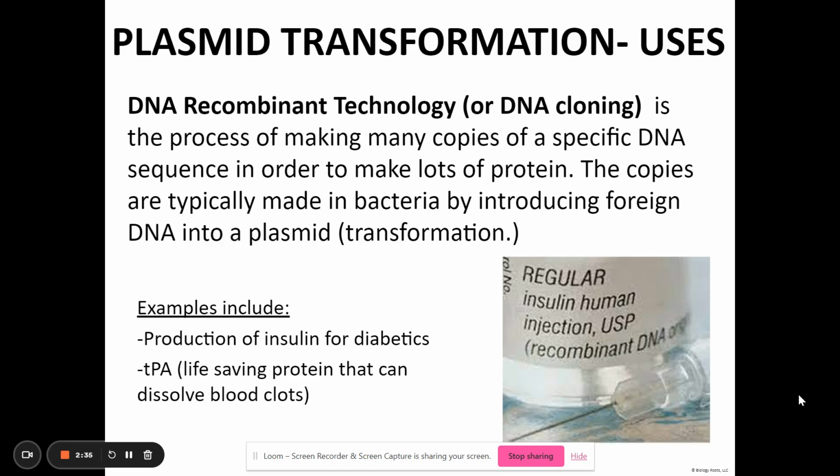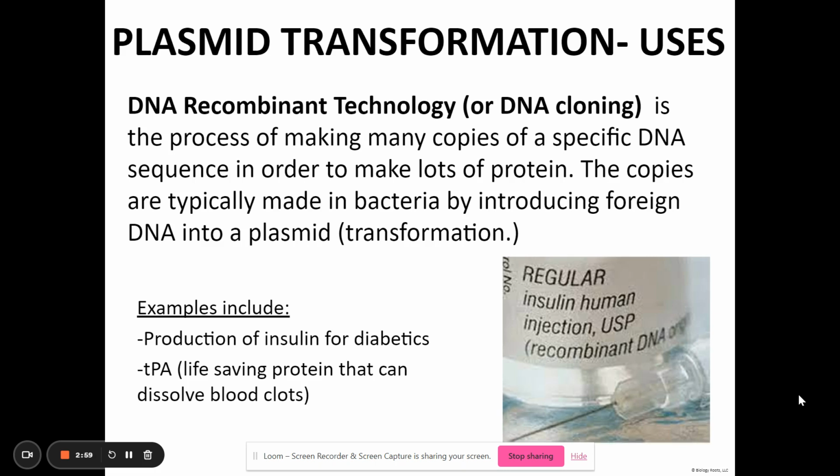Some examples, and there are a gazillion examples: the production of insulin for diabetes. Insulin helps to regulate your blood sugar levels, and some people have issues with the production of insulin, so their blood sugar might get too high.